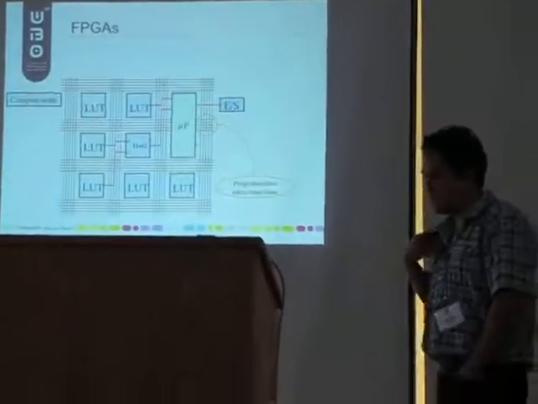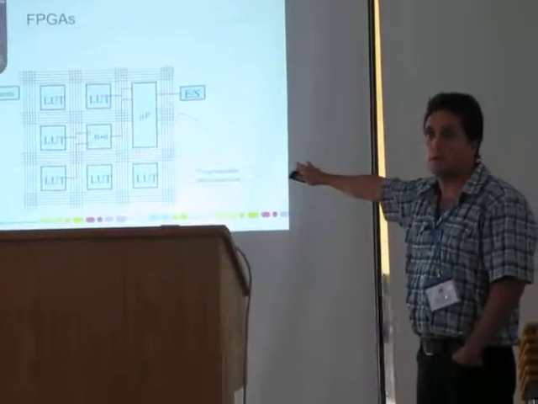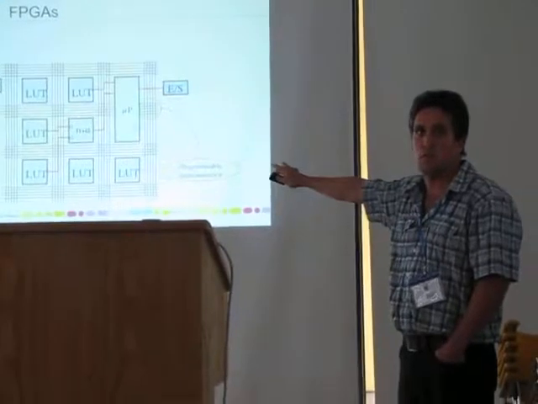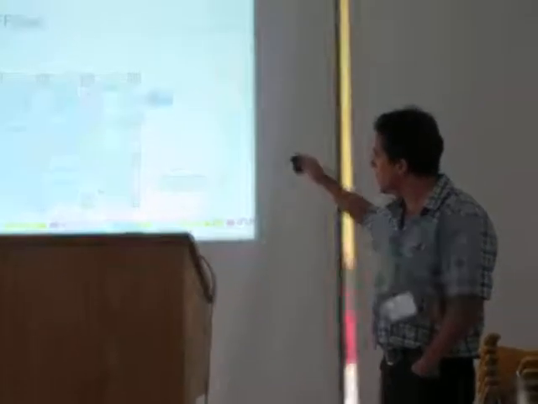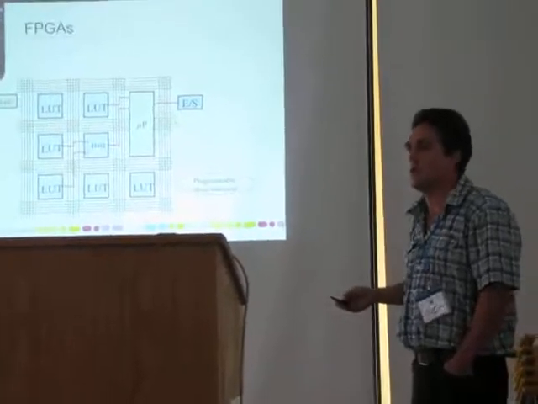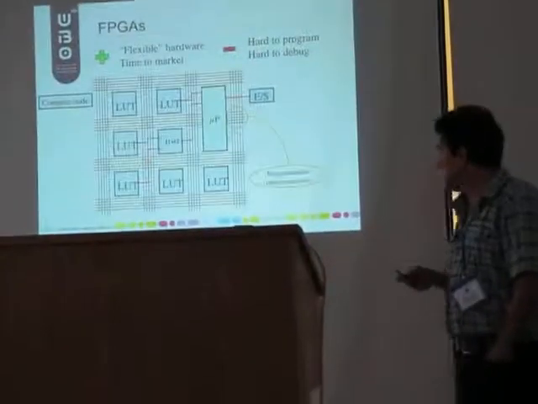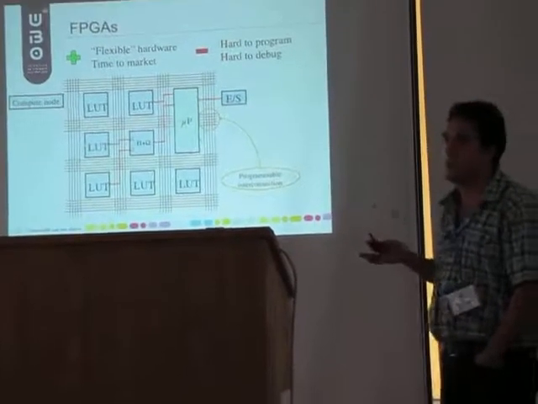And our business is to provide a way of programming it quickly from high-level code. Okay? And we have to support all this evolution because vendors are providing new hardware every time, and we have to do that. So this is flexible hardware because you can change its functionality.